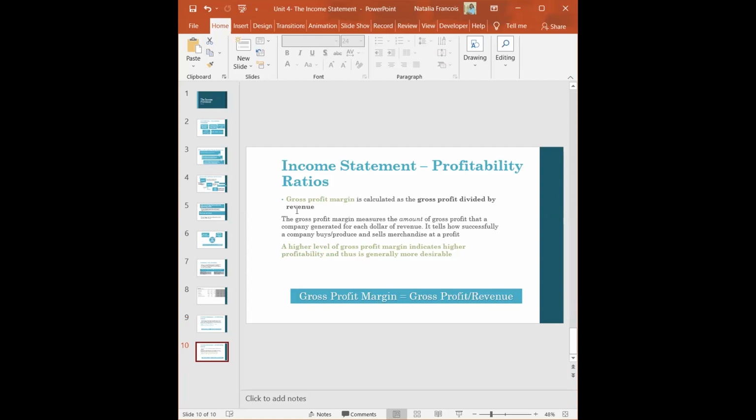We want to know how much of the revenue is resulting in the gross profit. So we take the gross profit figure and we divide it by the revenue. A higher level of gross profit margin indicates higher profitability and thus is generally more desirable.